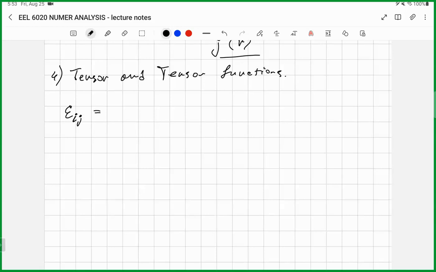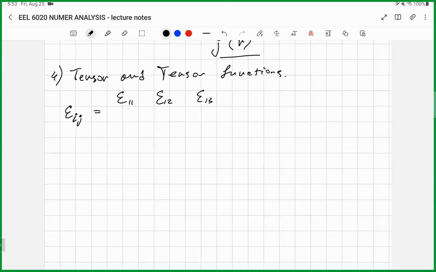And it gets a matrix with components epsilon 1 1, epsilon 1 2, epsilon 1 3. So the first index refers to the rows, and the second denotes the columns.